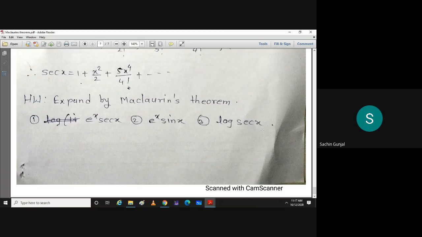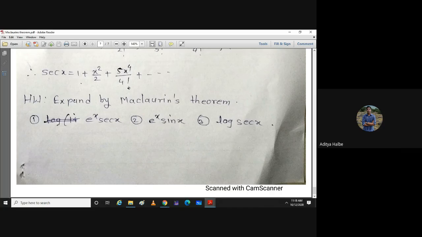This whole thing after the 1 you can treat as z, so log of 1 plus z. Then you can use the expansion of log of 1 plus z, that is z minus z square by 2 plus z cube by 3 and so on.